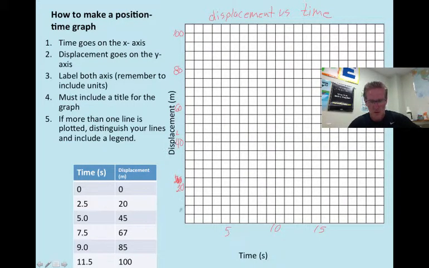So real quick, just plot your points like you do any other graph. 0, 0. Then at 2.5 seconds we were at 20. Then at 5 seconds we were at 45. Then at 7.5 seconds we were at 67, so there would be 65, and about there maybe.